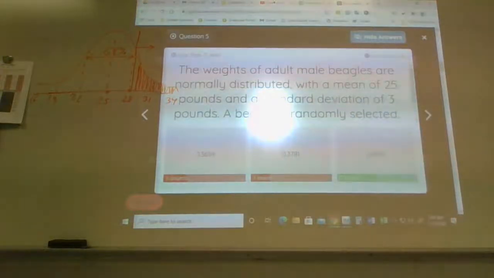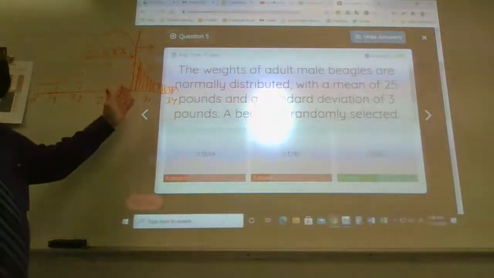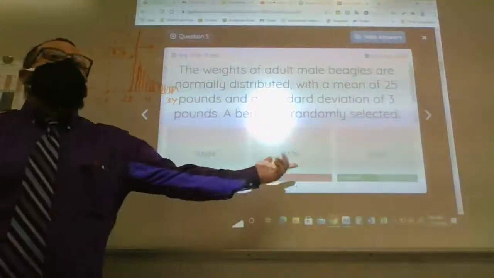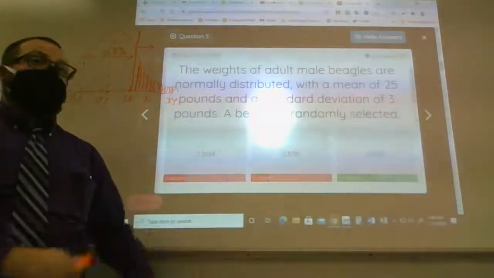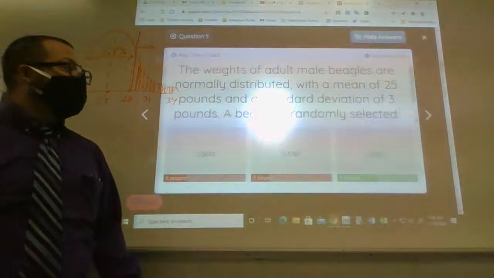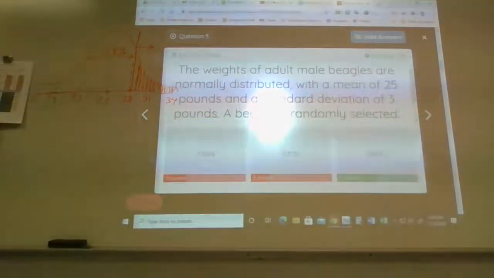But it would only be 16% if you were going 28 pounds or more. So since it's less than that, if it's multiple choice, that logic would work. Absolutely, yes.